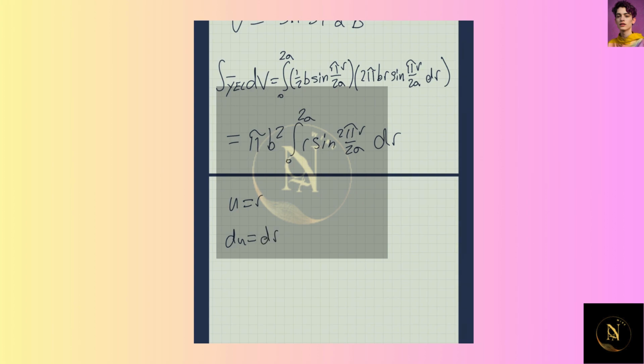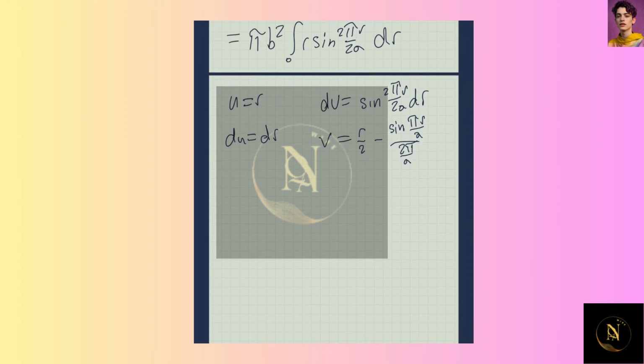And again, we'll use integration by parts. Select r for u, which makes du equal to dr, and sine squared pi r over 2a dr for dv, because then we can integrate that to get v, which is r over 2 minus sine of pi r over a divided by 2 pi over a.